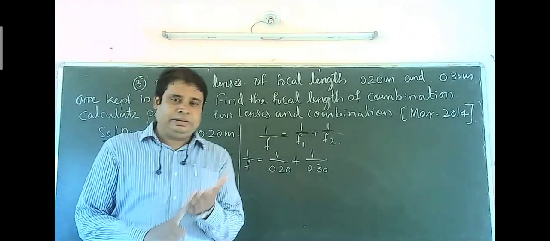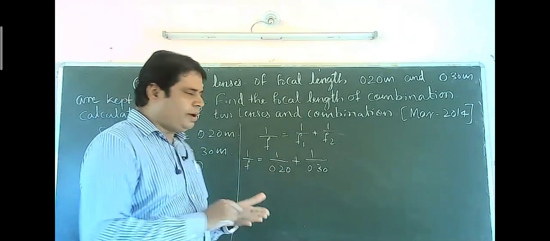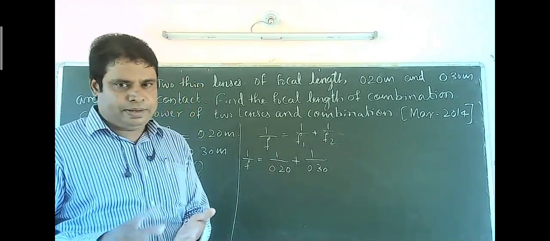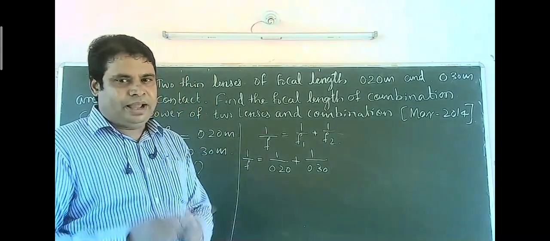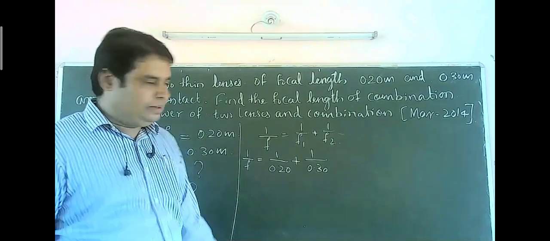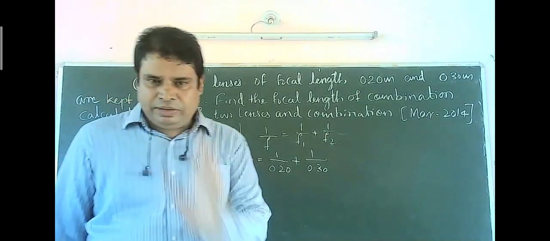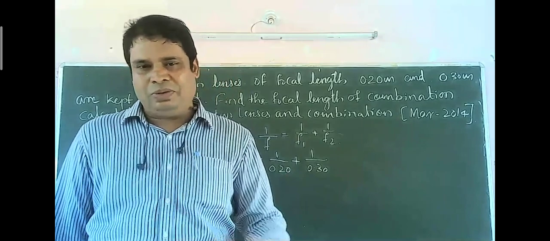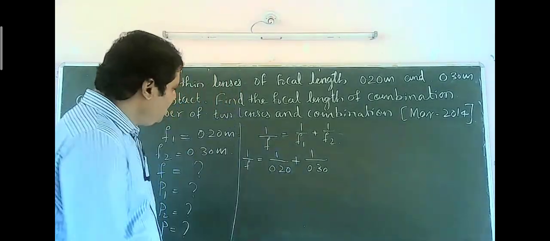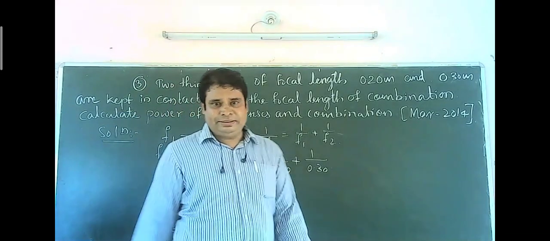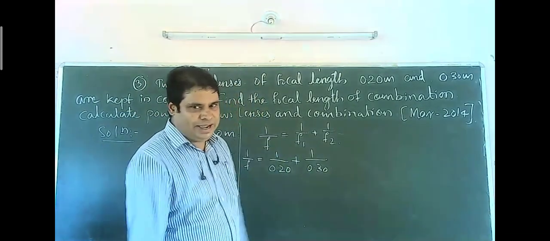What next? Take a calculator. 1 divided by 0.20, get the answer, plus 1 divided by 0.30, get the answer, add them and take the reciprocal because it's 1 by f. We need the value of f, not 1 by f. Without using a calculator, is it possible to do? Let's try.